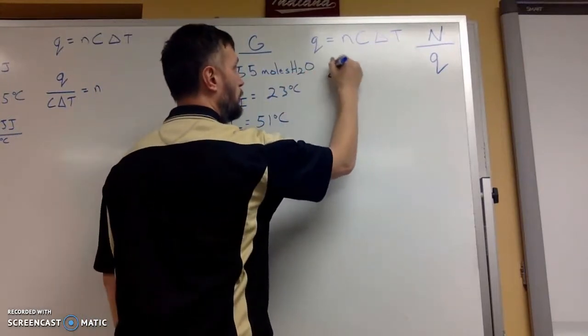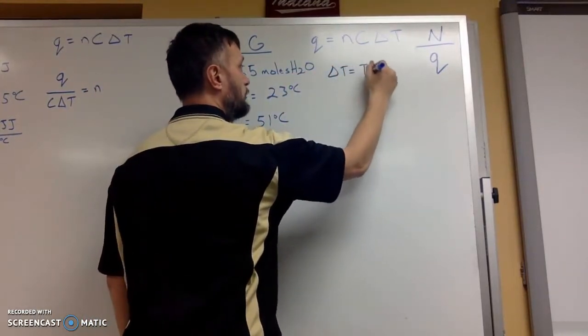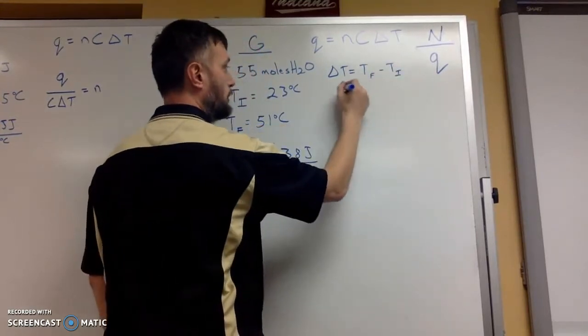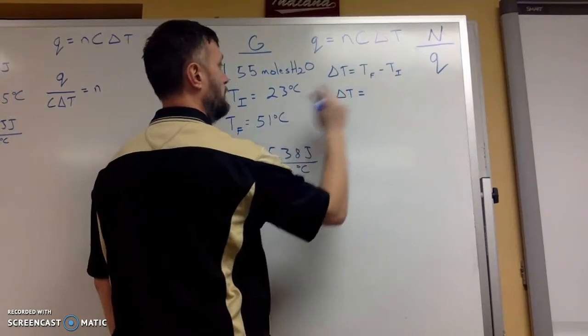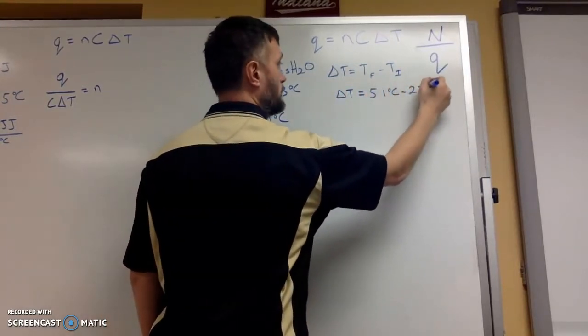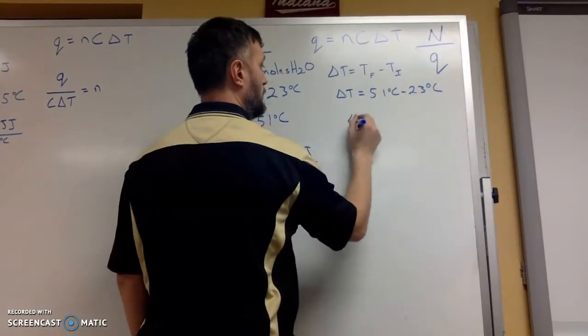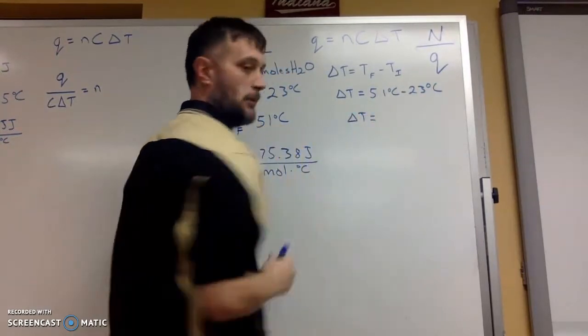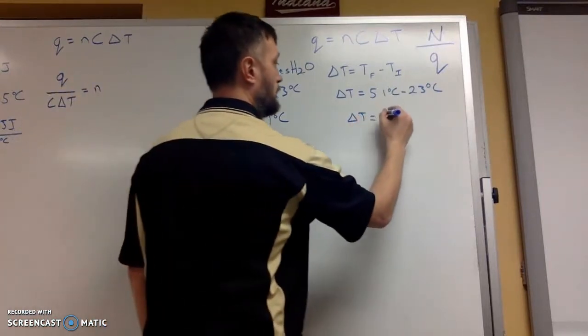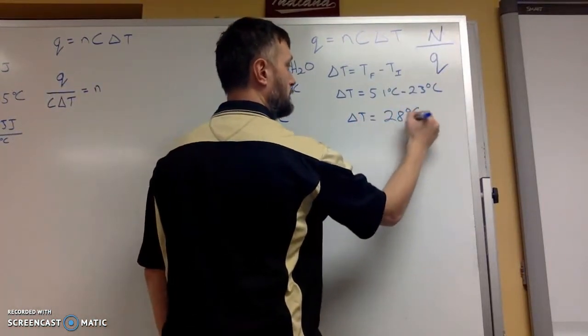Just like we did before, delta T equals temperature final minus temperature initial. So delta T is going to be 51 degrees Celsius minus 23 degrees Celsius. Let me make sure I didn't leave off any decimal points. No, I didn't. It is 28 degrees Celsius.